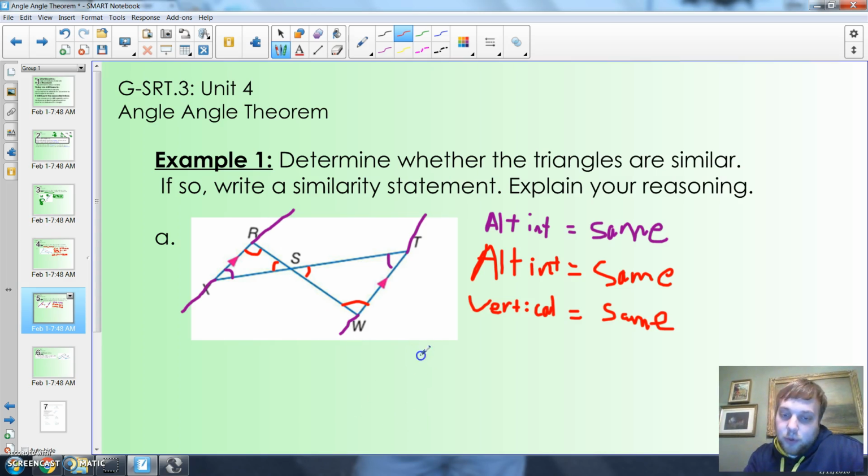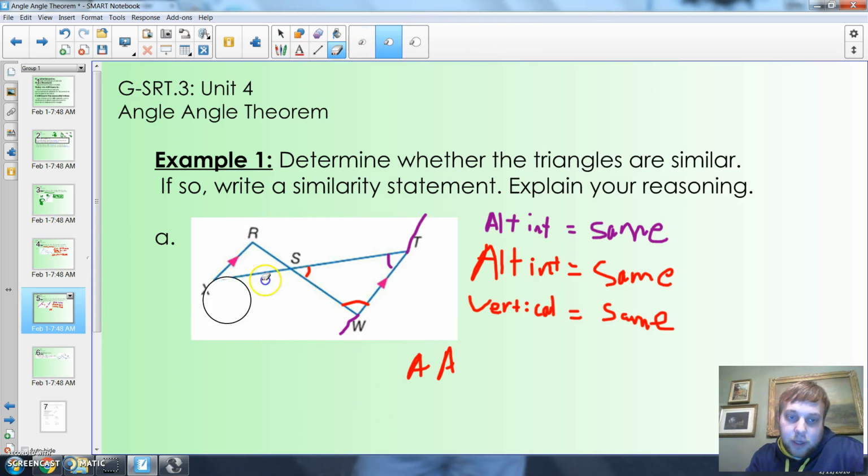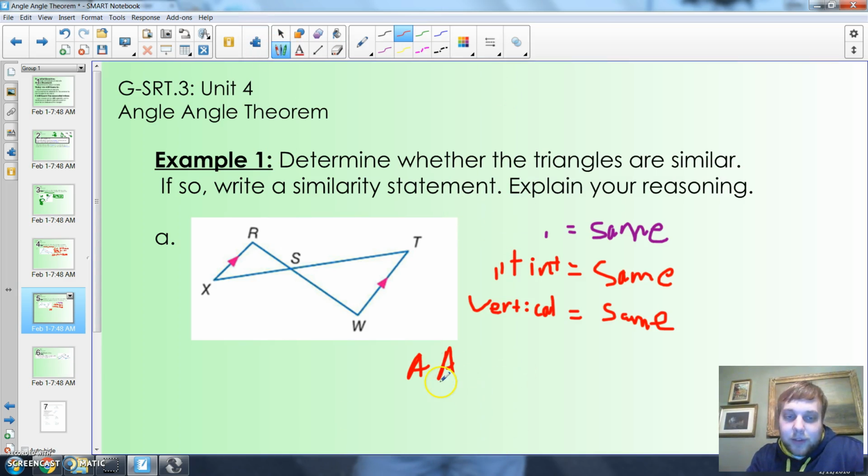And so due to a theorem, we know that these are similar. So I'm going to erase all this and make it look pretty here quick. I'm timed. But the AA theorem.